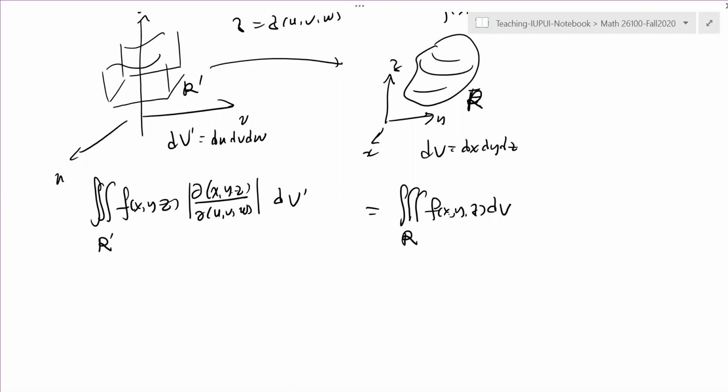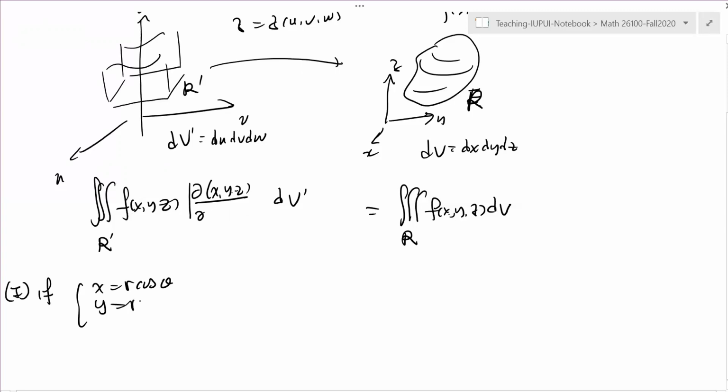Now, what happens if we have the polar coordinates? This is what we call the polar transformation in the substitution. In the first case, if x equals r cosine theta, y equals r sine theta, z equals z, then you have a change of variables from r, theta, z to x, y, z.